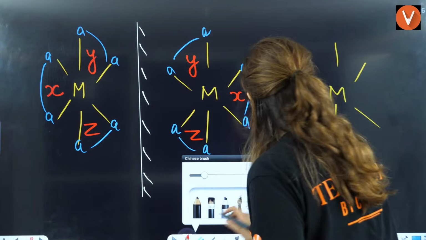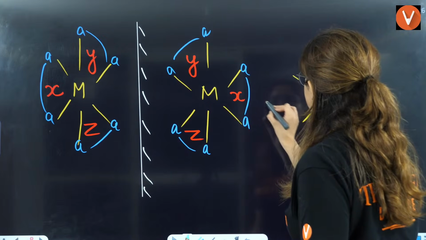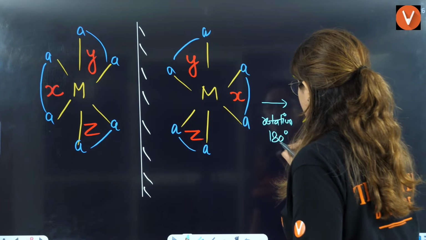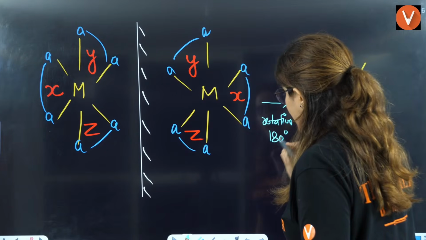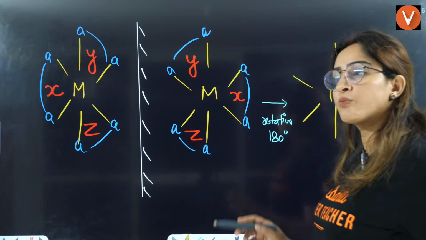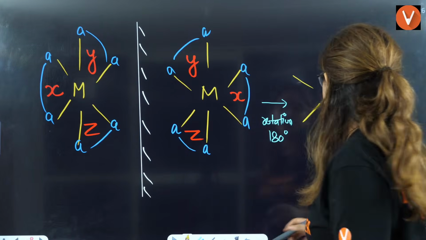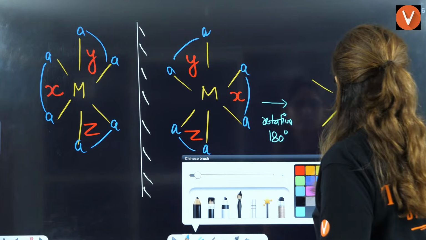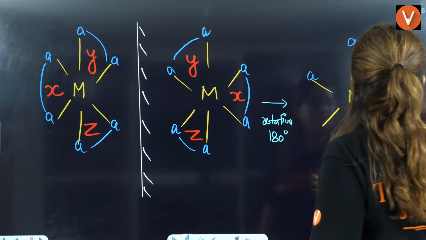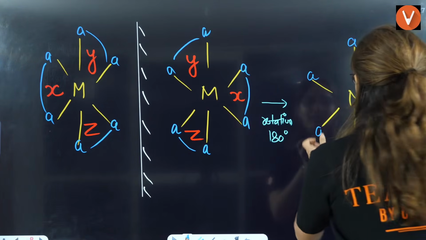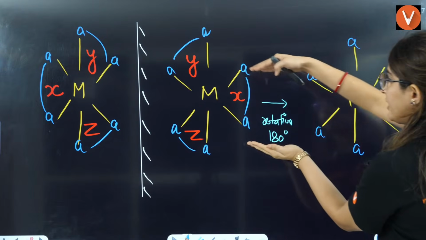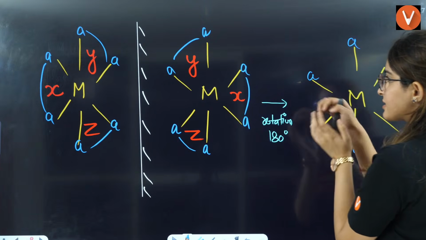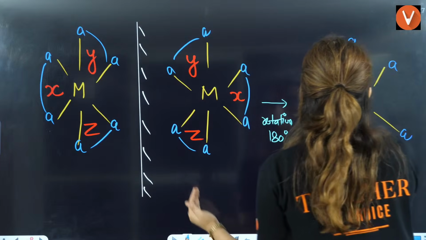Rotate it now. You are saying, ma'am, I am doing the rotation, because after rotation it should be the same. If I say it is a non-superimposable mirror image, then it should be non-superimposable even after rotating. After rotating, what I have here is this one. If I rotate this by 180 degrees, this will be rotated to this side and this will be your x.